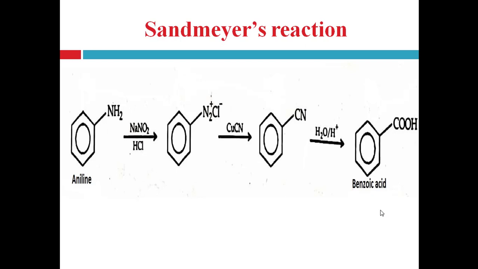Then this cyanobenzene undergoes acid hydrolysis and forms benzoic acid. This reaction was already seen in the synthetic applications of aryl diazonium salts. So from aniline, benzoic acid can be prepared, and this reaction is also important for chemical conversions, which can be asked in your examination, right?